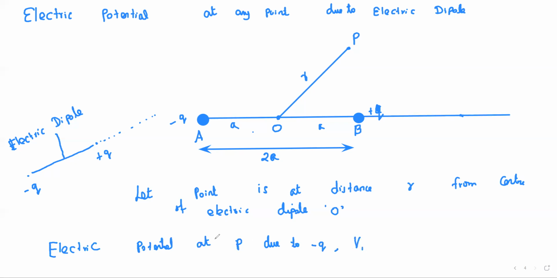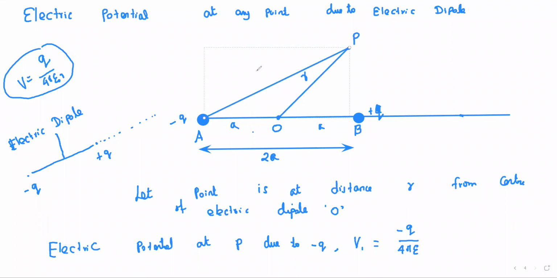I know the formula for electric potential: Q by 4 pi epsilon 0 R. Now if I have minus Q, the electric potential V1 is equal to minus Q by 4 pi epsilon 0, and here the distance between A and P is needed, because we took the distance between O and P only for R. So let me consider the distance between A and P as R1. So it is 4 pi epsilon 0 R1.